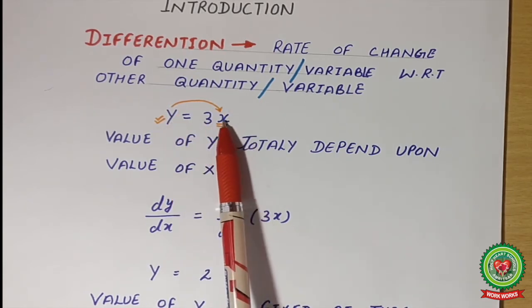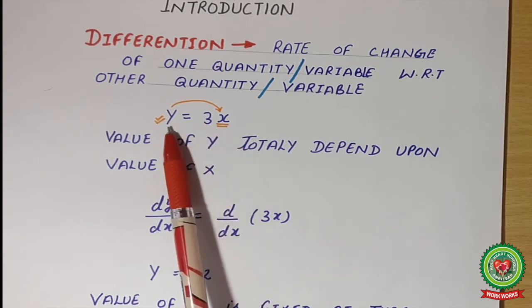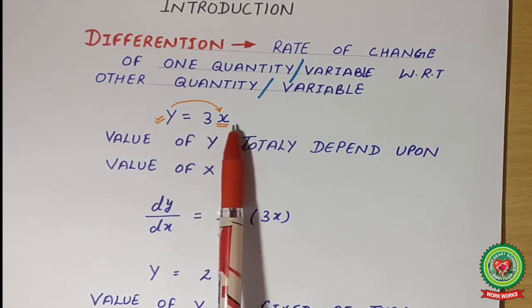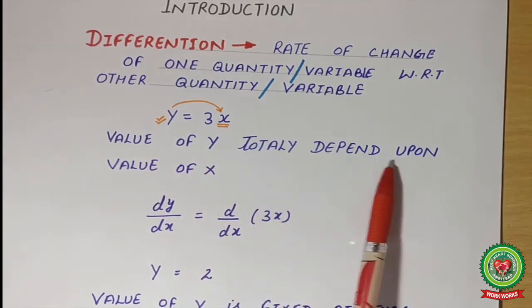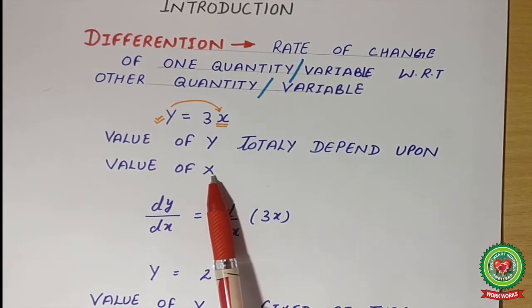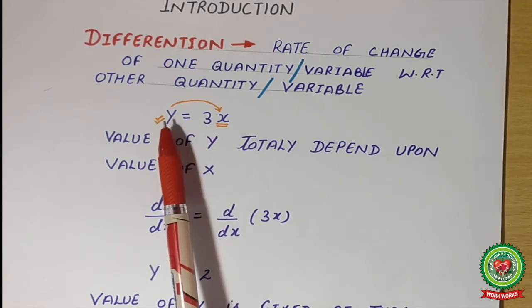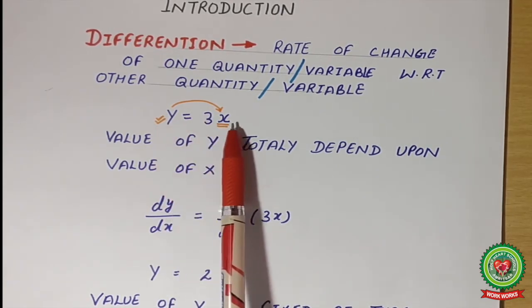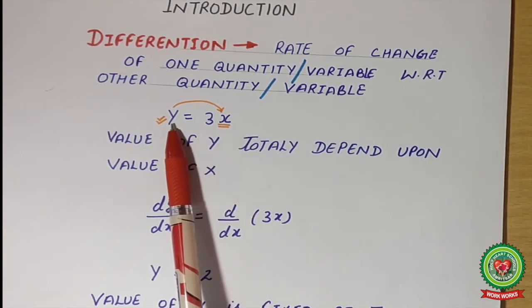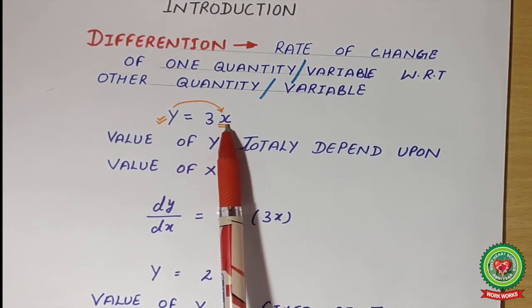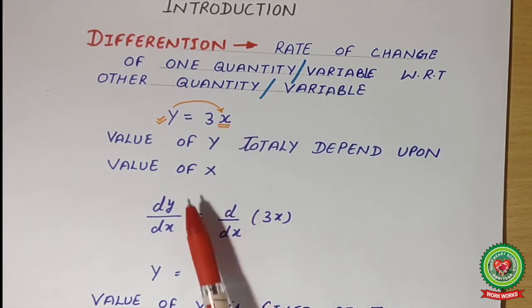If I take x as 3, the value of y will be 9, since 3 threes are 9. Therefore, the value of y is totally dependent on the value of x.